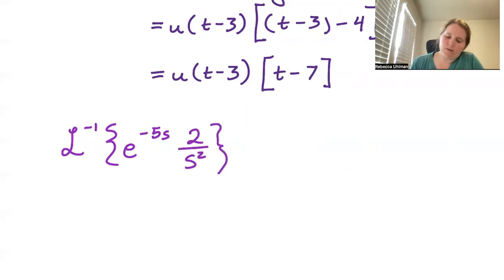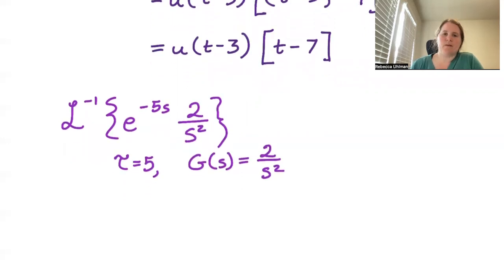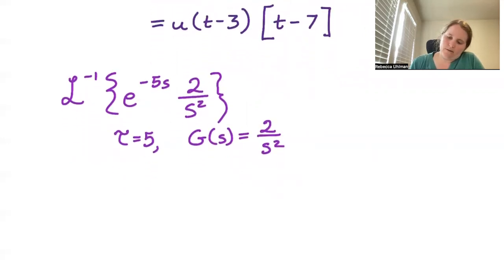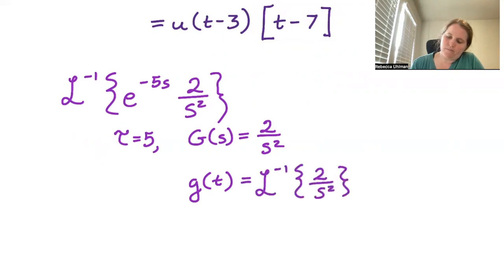So this time around, my tau is 5, and my capital G of s is 2 over s squared. So I have the lowercase g of t is the inverse Laplace transform of 2 over s squared, and that is actually just 2 times t.